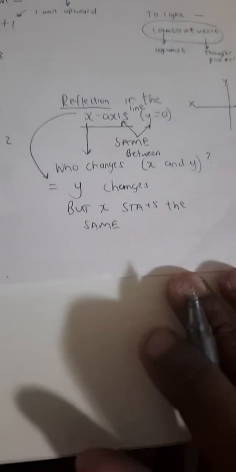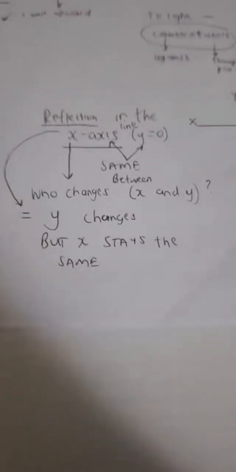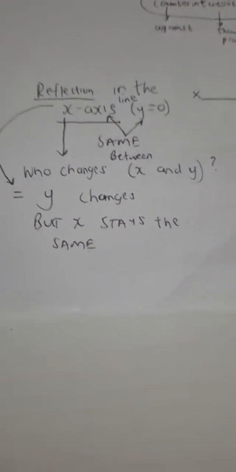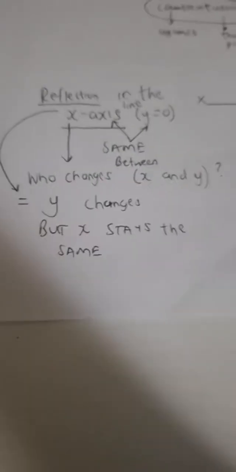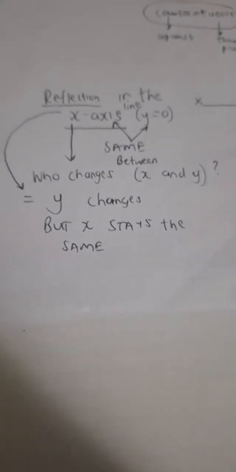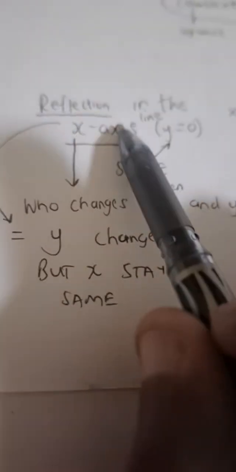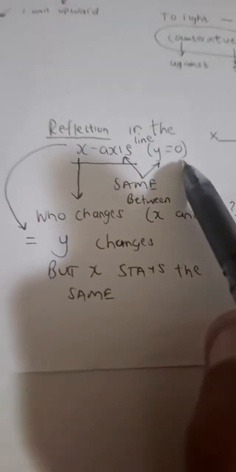Yo guys, I feel like when you get asked this question again, it is not a matter of engineering. I don't know what engineering is, but just simply recalling from memory. I'm trying to help you understand that the x-axis is the line y = 0.